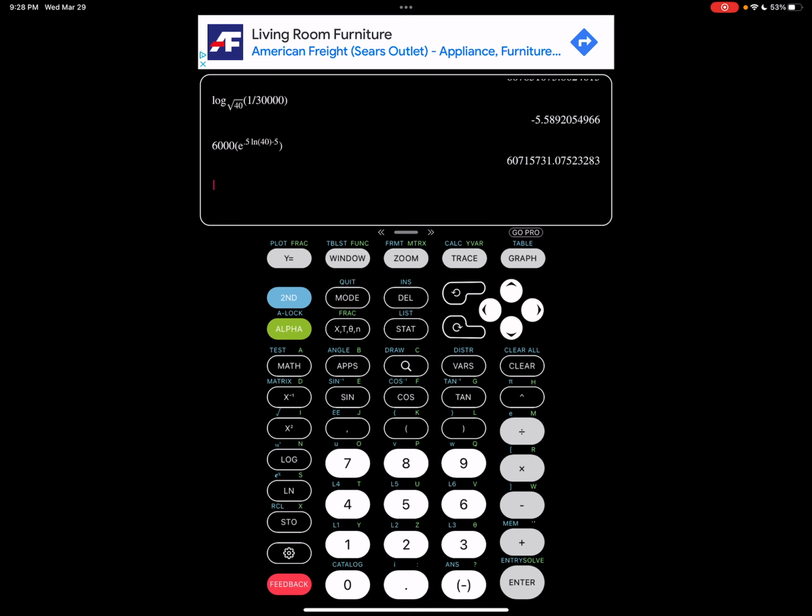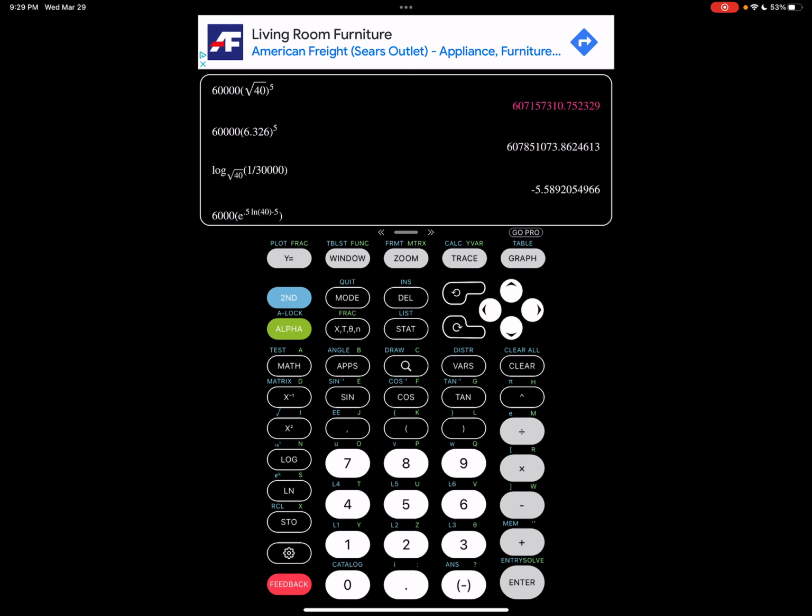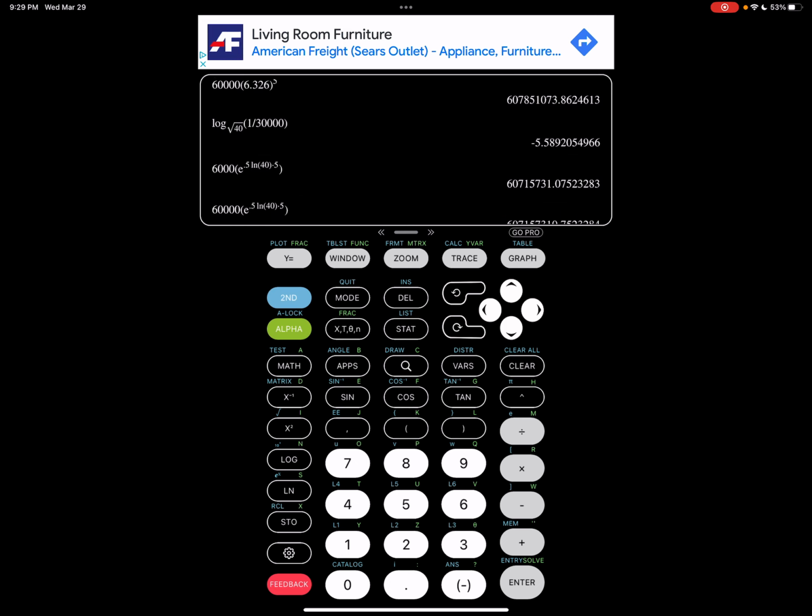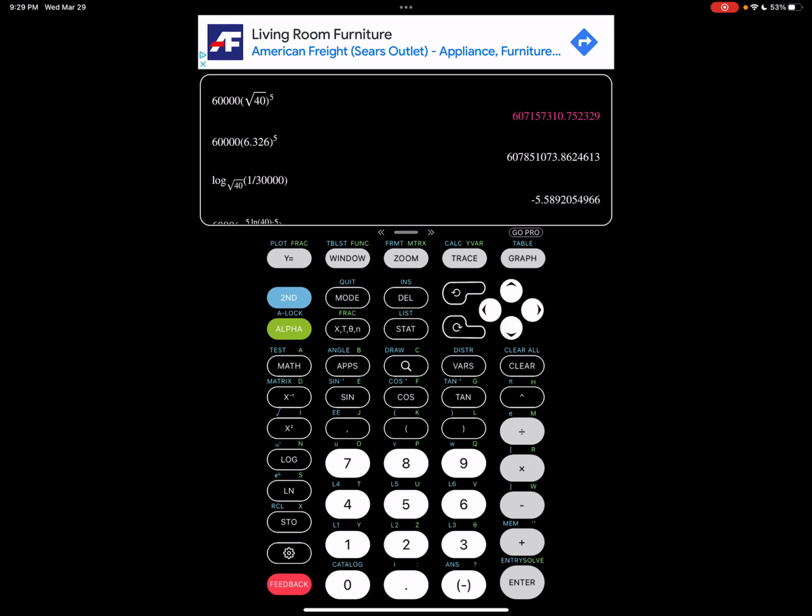Wait. Oh, shoot. Not 6,000, Mr. Spake. 60,000. Okay. I was wondering why something was up. If you notice, this value that I'm highlighting versus this value, they are almost exactly the same, aren't they?